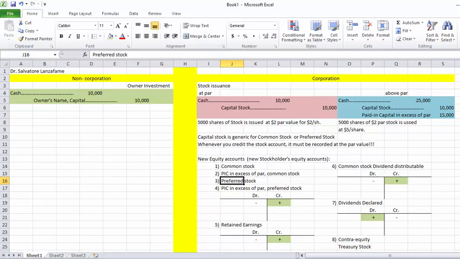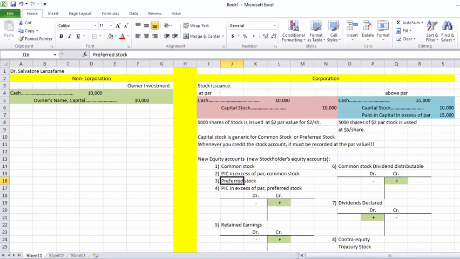If you sell stock above par, like you see in the blue, then you still would credit that stock at par. You debit cash for the total amount, and now you involve a sidekick account called PIK in excess of par. I basically abbreviated the words paid in capital to PIK. So we would need a PIK account every time you go above the par value.